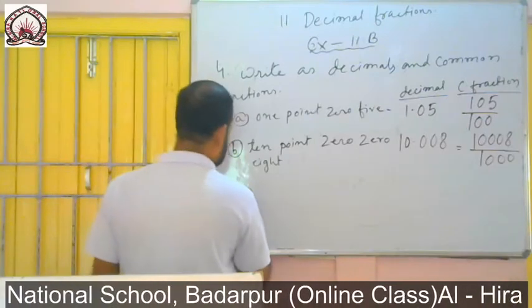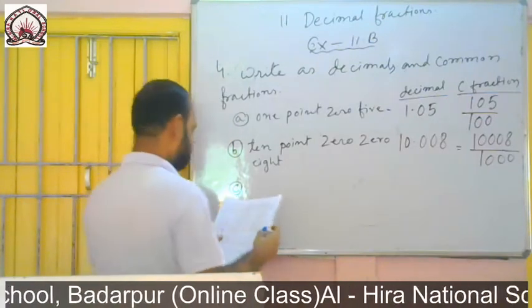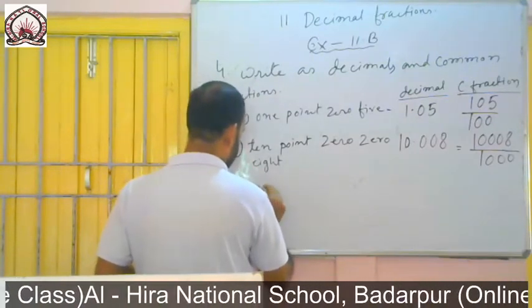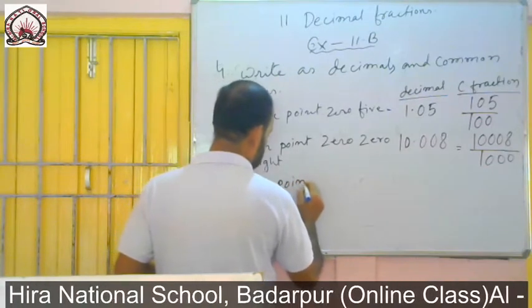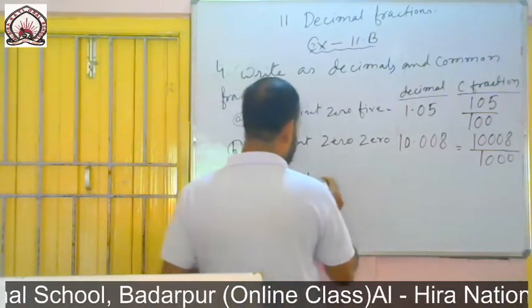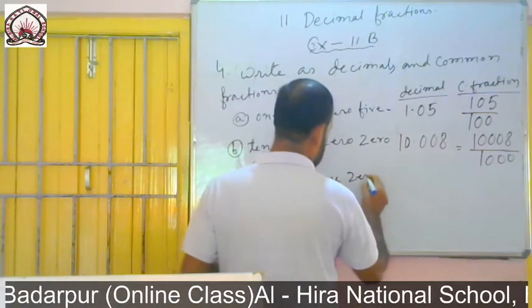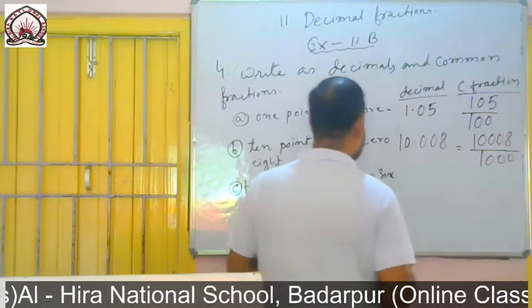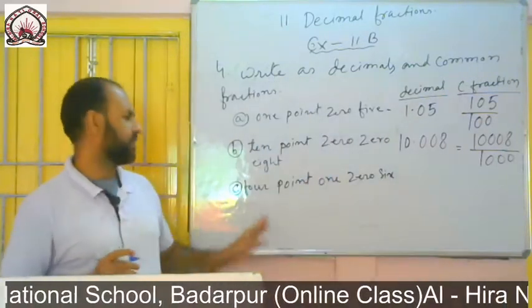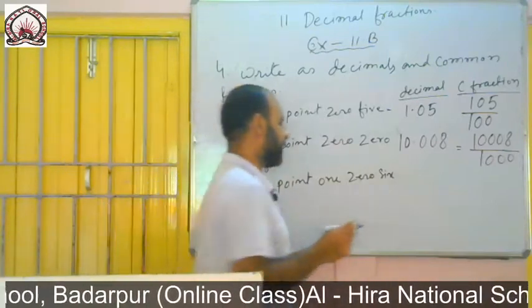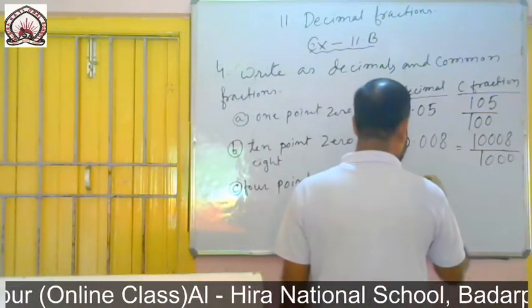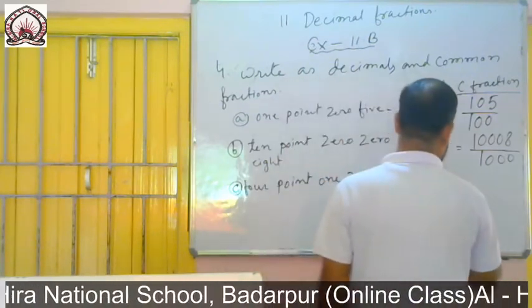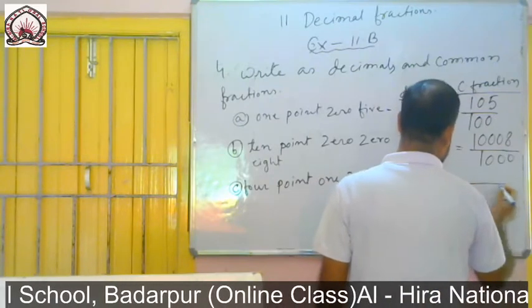Next question number C, 4.106. So the decimal fraction is 4.106, and the common fraction we get what?